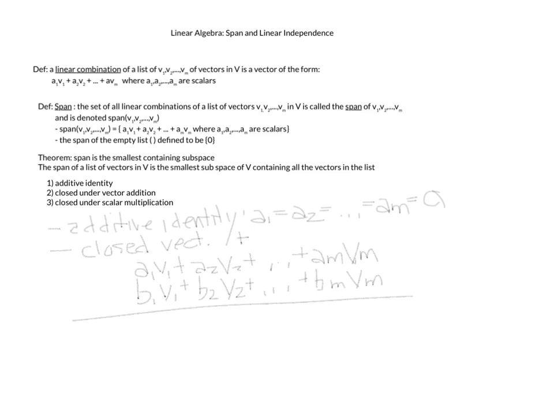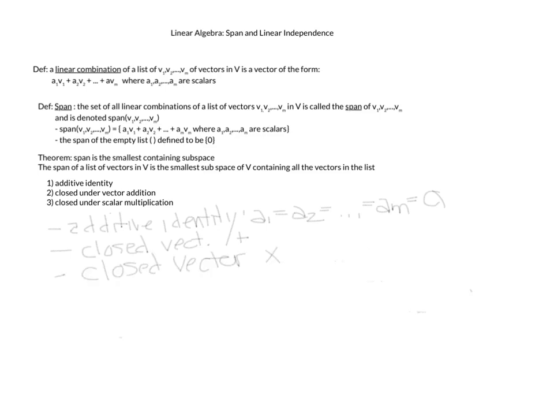When I add them together, I get a1 plus b1, a new coefficient in front of my first vector, a new coefficient in front of my second vector, and I keep doing that, getting new coefficients by adding the two coefficients together, up to my last vector. So I have new coefficients, but it's still in the span, because it's basically just stretching the vectors by these new coefficients.